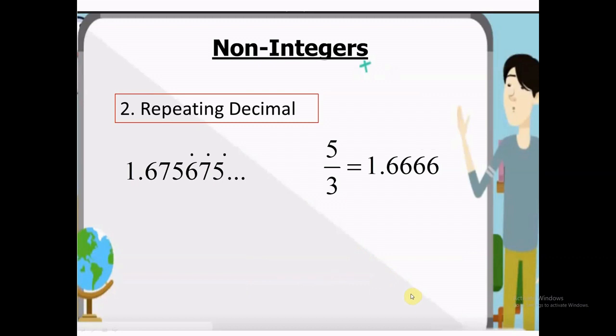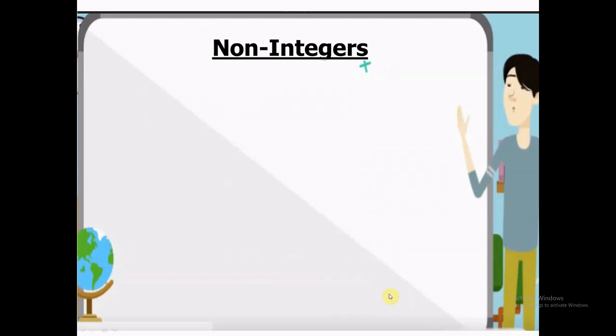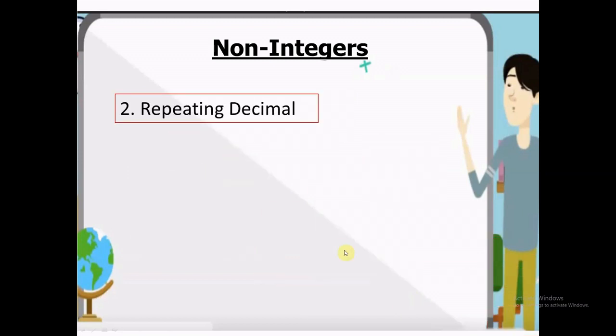So again, non-integers are made up of terminating decimals, that are decimals that stop, and also repeating decimals, the decimal values that repeat themselves.